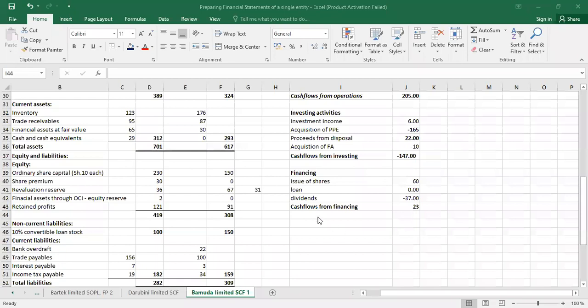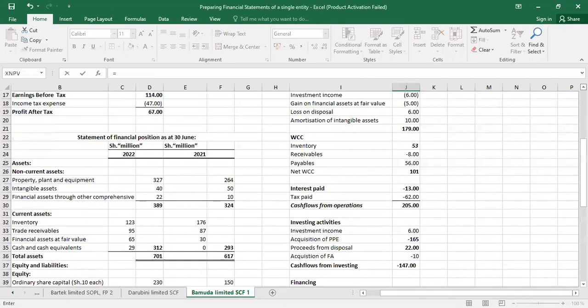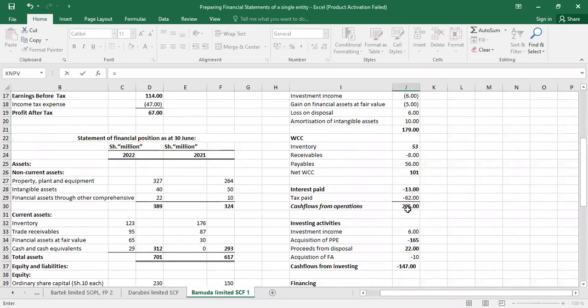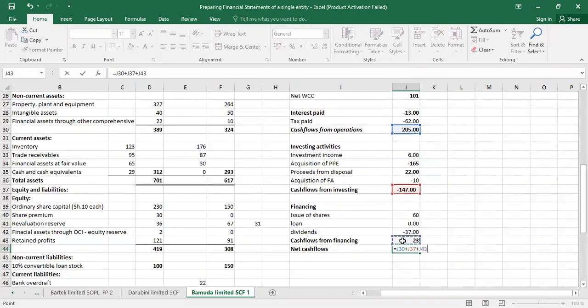Okay, I'll continue. So net cash flows, equal sign. So from operations plus from investing, then plus from financing.